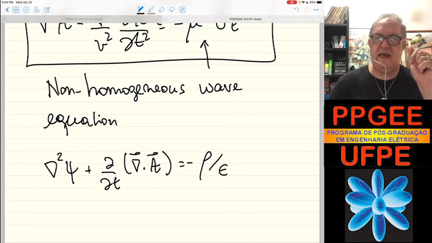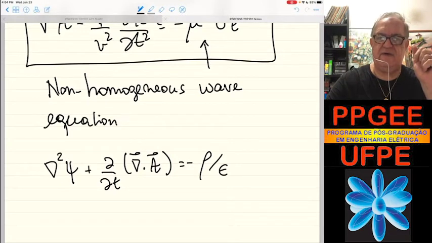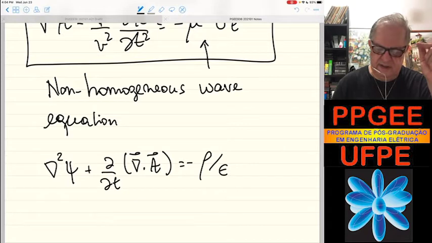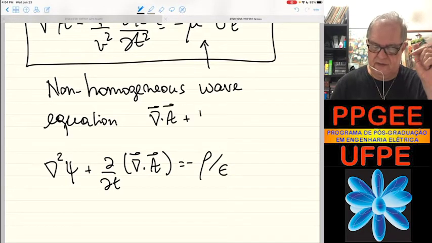So in the Lorentz gauge, we have the divergence of A plus 1 over v squared d psi dt equals 0.